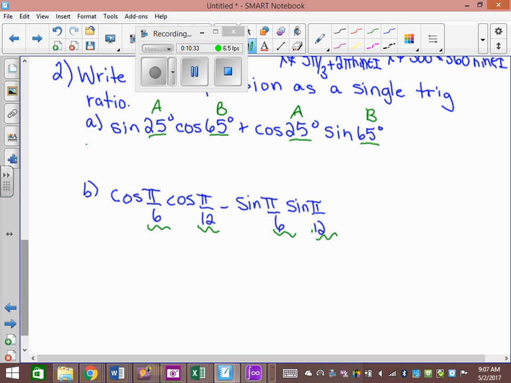So you just go sine 25 degrees plus 65 degrees, which equals sine of, and then you could even give it an answer, but it didn't ask for an answer, it just said a single trig ratio.